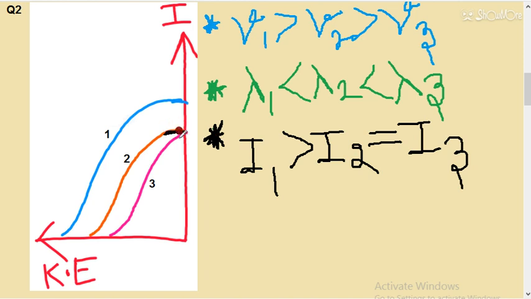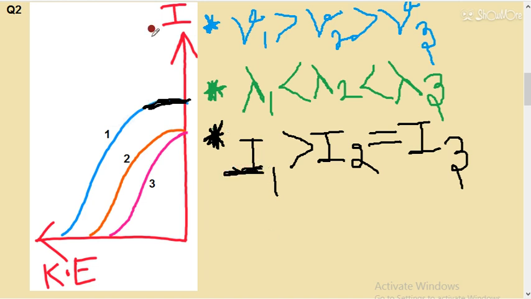If photoelectric current is same, then intensity is same. And if photoelectric current is different, that means in the case of I1, photoelectric current for radiation 1 is maximum, so intensity of radiation 1 is maximum.